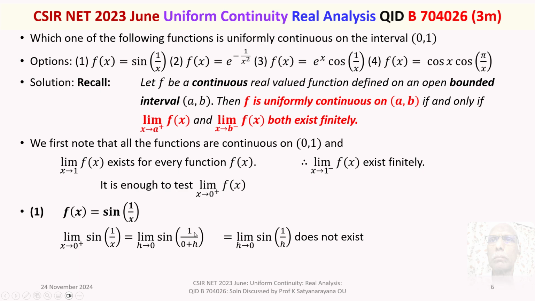This is what we have been doing in our plus 2 courses. So that means the limit as h tends to 0 of sin(1/h), and it is well known that this does not exist. Therefore, f(x) = sin(1/x) is not uniformly continuous on the open interval (0, 1).